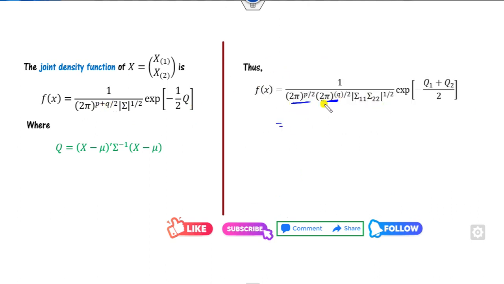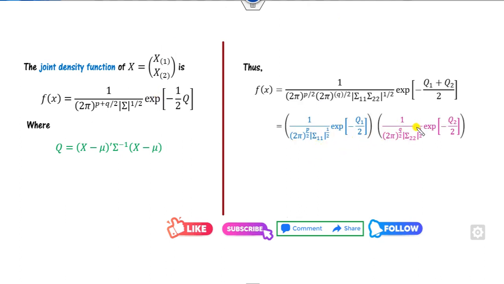Now I can write this value as q1 over 2 times q2 divided by 2. So x1, which is of p dimension, and x2, which is of q dimension, I can separate in this way. This is a function of x1 only, and this is a function of x2 only, which is the product of the marginal density functions. Hence x1 and x2 are independent.